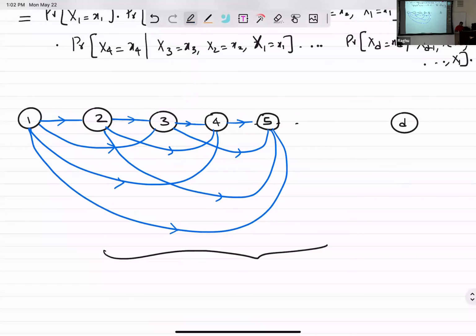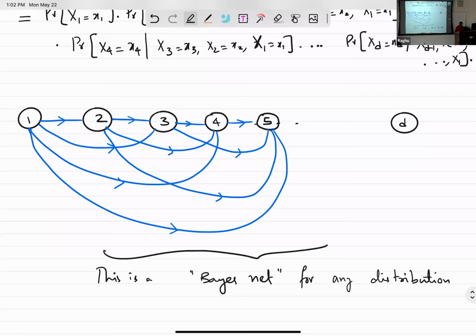So this is a dependency graph, or let's say a Bayes net, for any distribution. Okay, so our goal of learning distributions based on their Bayes net formulation is not meaningful without further refinement. You can't just say, okay, you're seeing samples from a Bayesian network, go learn it. That doesn't make sense. So what else can we do?